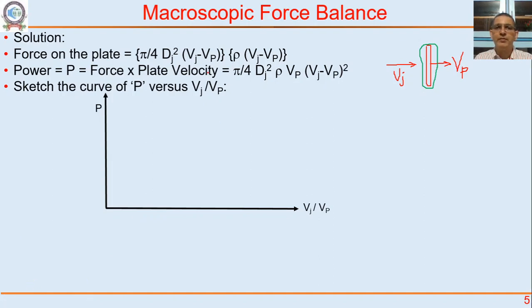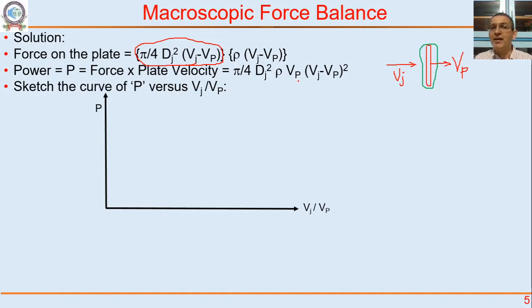Think about this. The volumetric flow rate would be pi by 4 multiplied by dj, diameter of the jet, squared, multiplied by Vj minus Vp. That is the volumetric flow rate entering this control volume, the train if you like. And how much momentum is this water carrying?